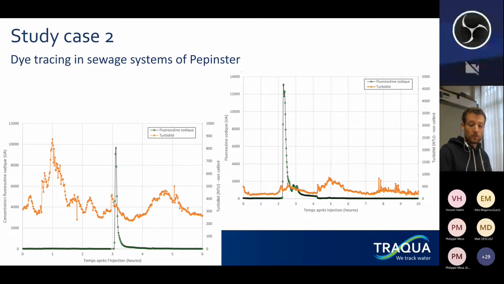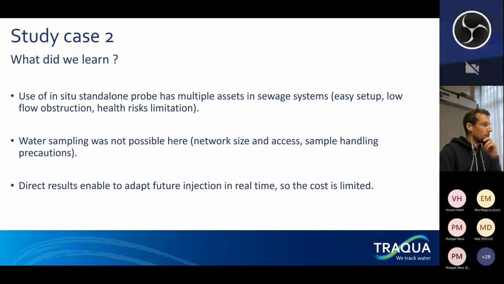And so a few conclusions about this second study case. Clearly, we learned that dye tracing in sewage systems can be easily made with an in-situ probe that enables sampling in small, difficult to access conduits with a limited impact on the flow.